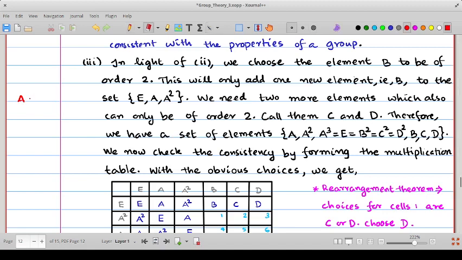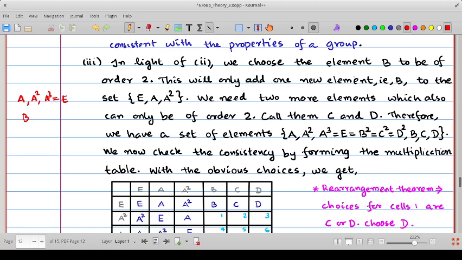That means it will generate elements A square and A cube, which will be equal to E. The second element B cannot be of order 3. That is what we have just shown. So it can be of order 2. So if it is of order 2, it generates B and B square, but B square is already E.